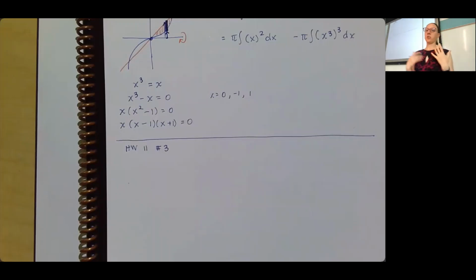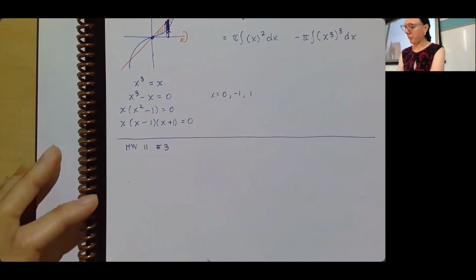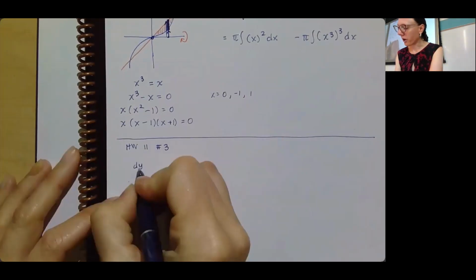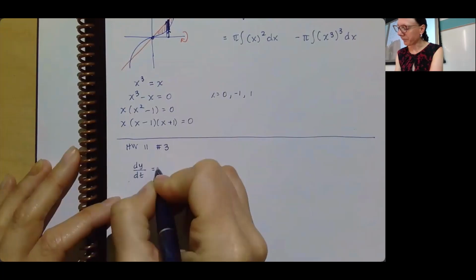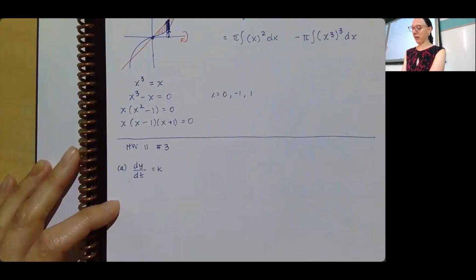So there are 3 different differential equation models. Well, there are actually more than 3 models, but here are the 3 models that we are presented with in number 3. We've got the 0 order kinetic model. This is what we've got going on in 3A.